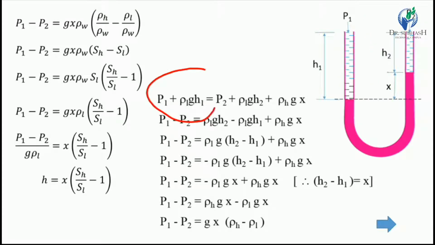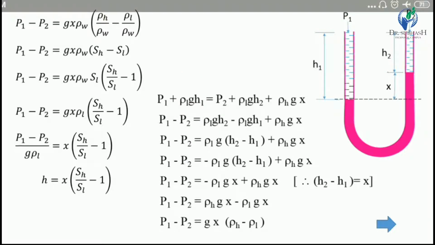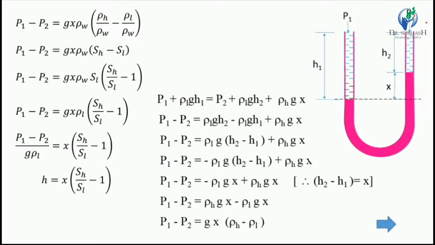From the left side we get P1 plus the column height pressure, rho 1 g H1. And the right side is P2 plus the light liquid column, rho 1 g H2. Rho 1 is common for both light liquid columns because the liquid flowing through the Venturimeter is the same, so density is common for column 1 and column 2.